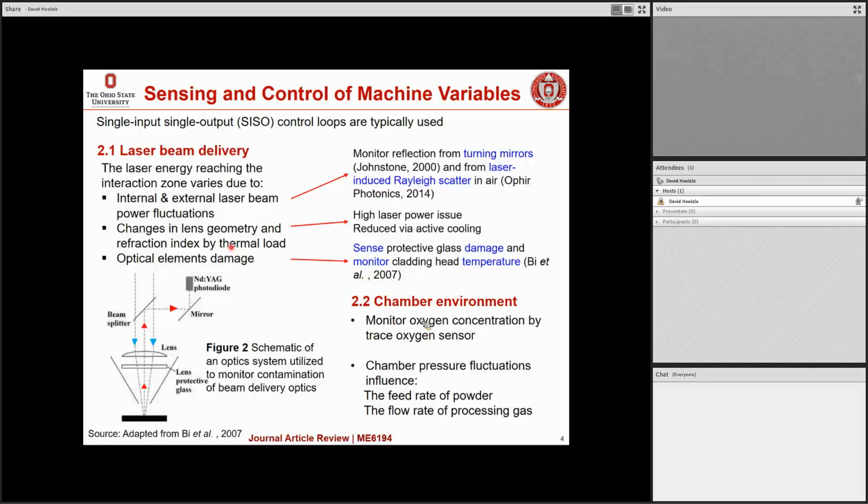The second is the changes in the lens geometry and the refraction index by thermal loss. This is usually caused by high laser power, and this effect can be reduced by active cooling. And the third is optical element damage. That's for the lens that focuses the laser beam.